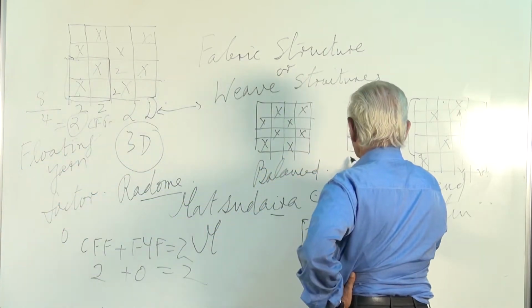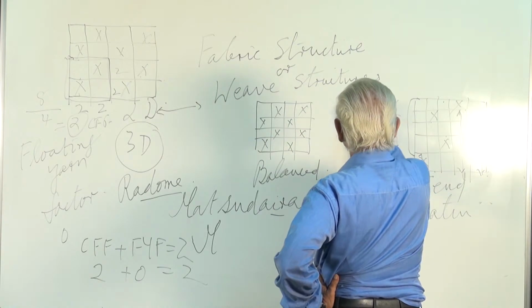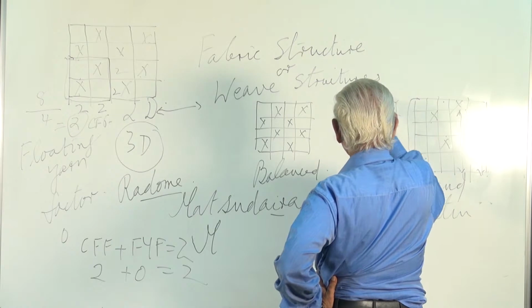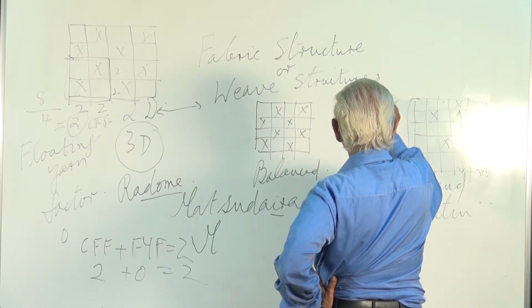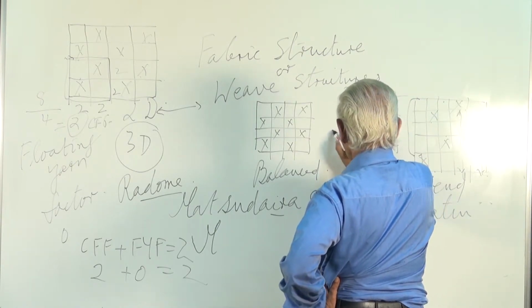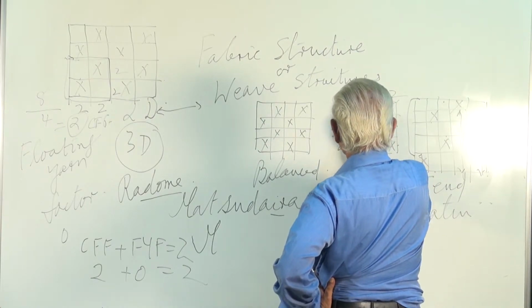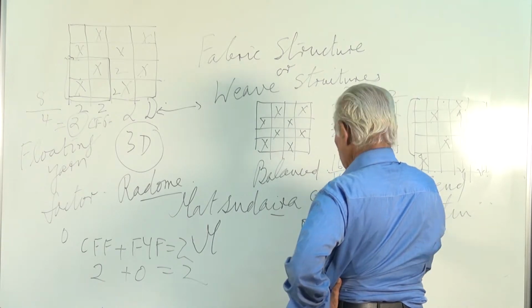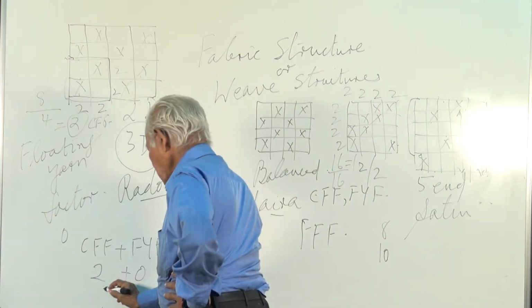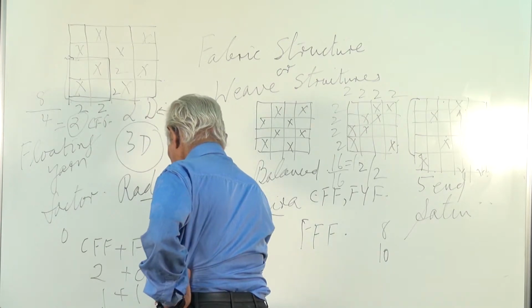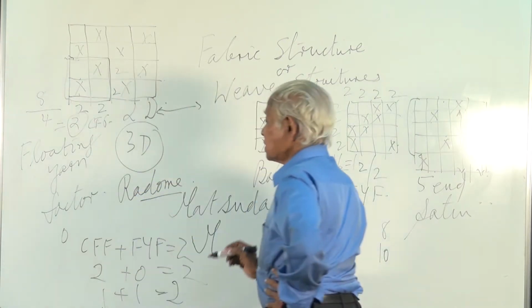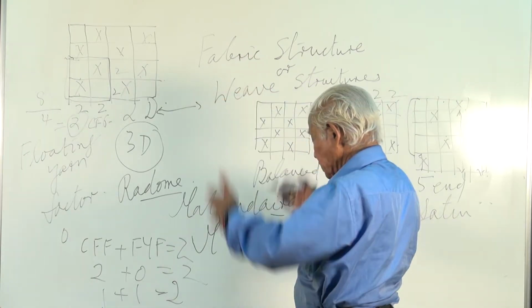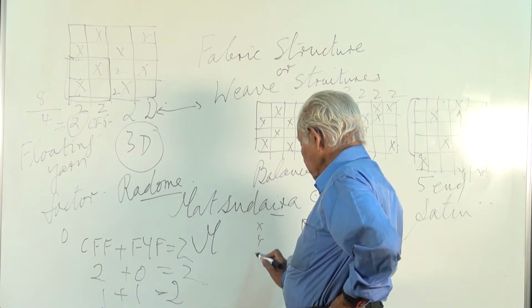And for twill, this is a repeat. CFF is 1, FYF is 1. Like that, we can calculate the values of CFF and FYF for various weaves and put them down.